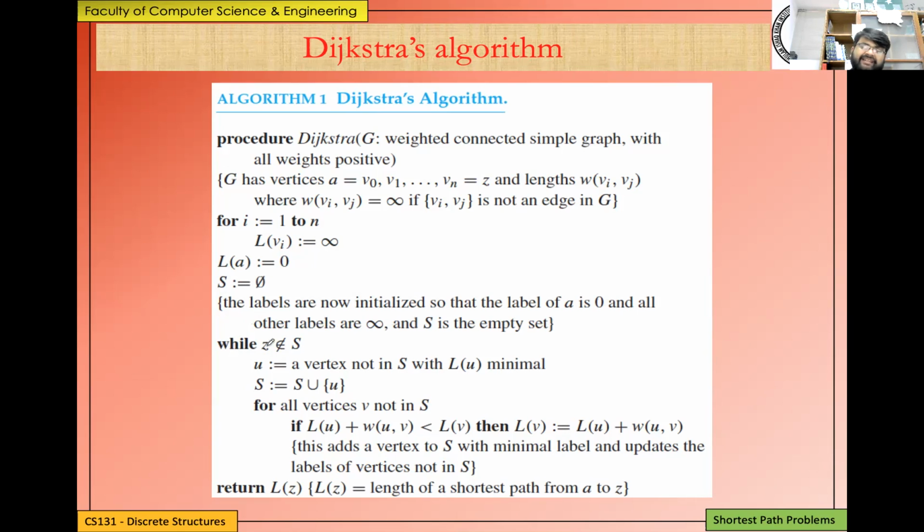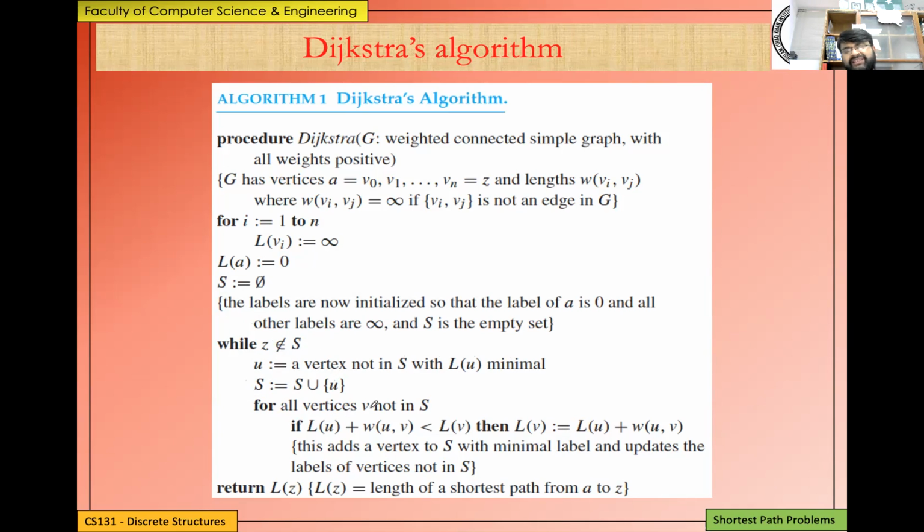While Z does not belong to S, we let U be a vertex not in S with L(U) minimal. So with the minimal label, we select a vertex U. Then we take the union of S and U and put this in S.